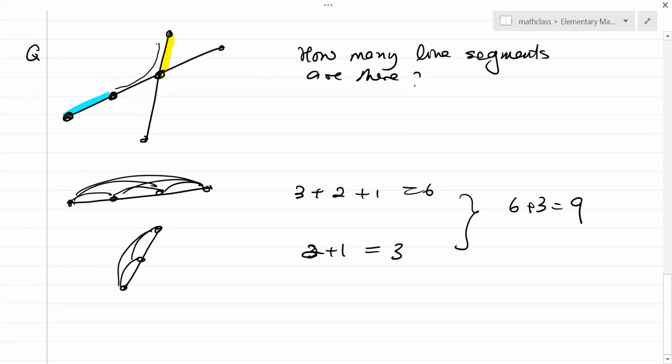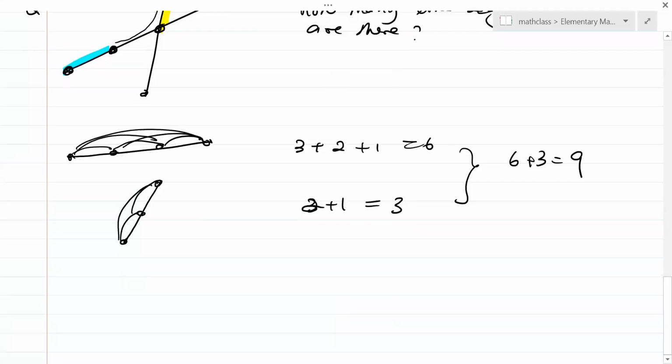You can think about that. I'm not going to talk about this. We're only talking about line segments. How many pairs of points are you going to get from this picture? That'll be different. It's difficult. Some of you maybe can figure it out. You can tell me later.